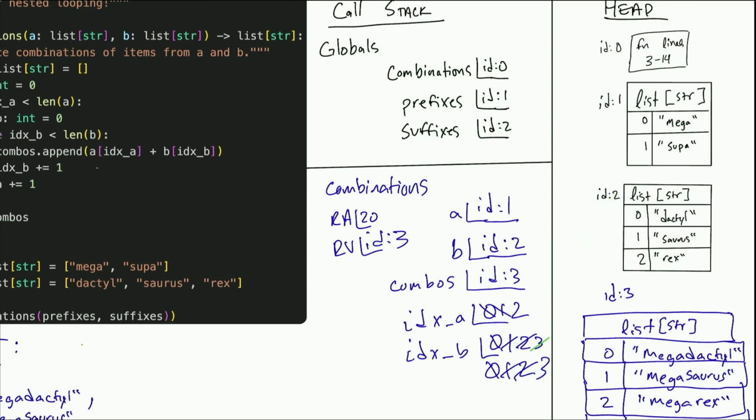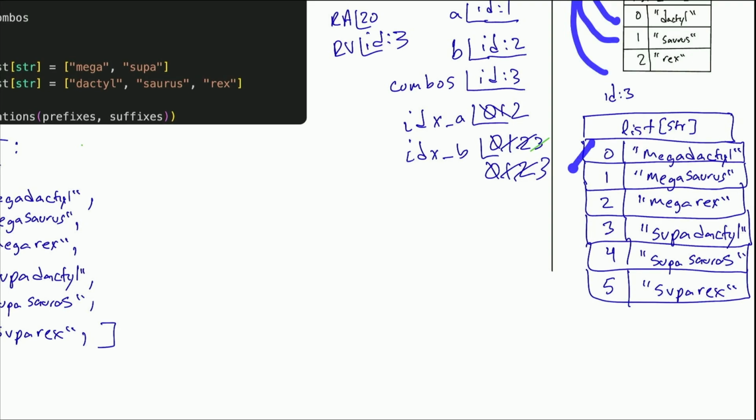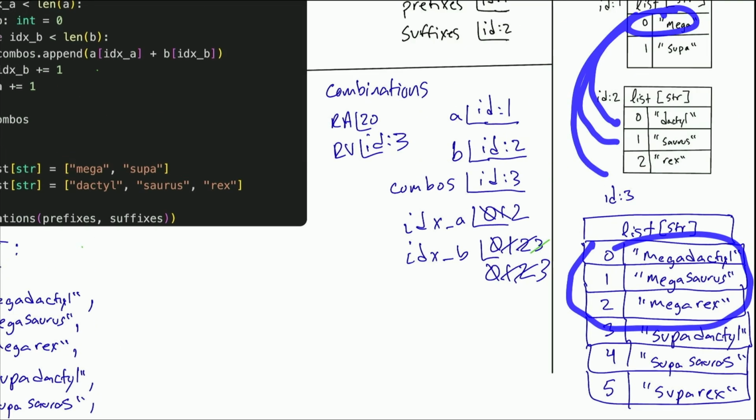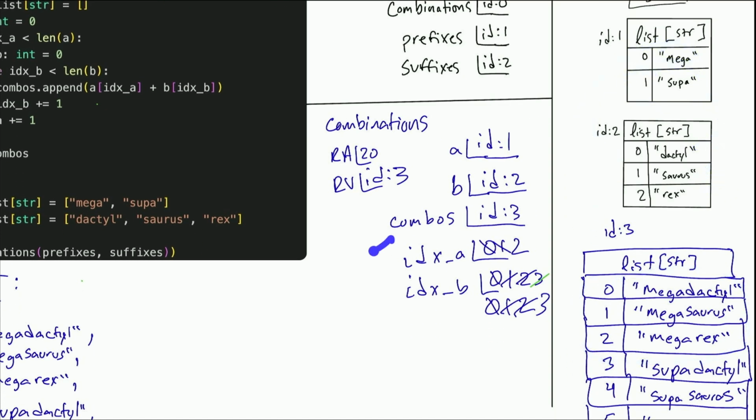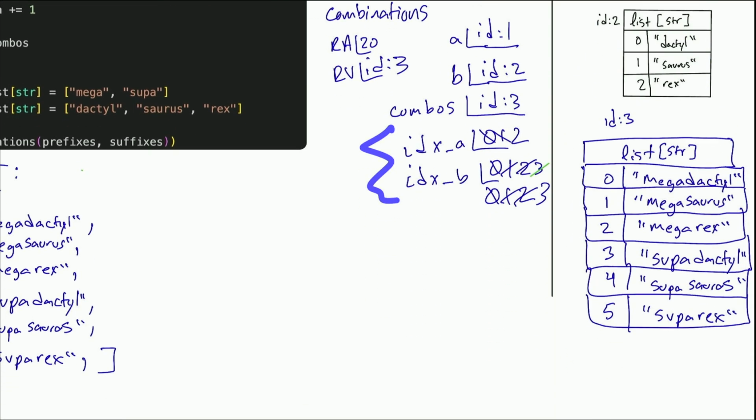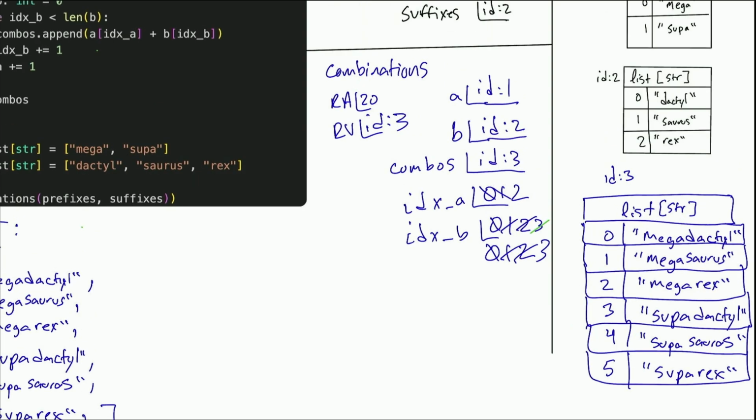And again, the result of this was, for the first item Mega, we went to Dactyl, we went to Saurus, we went to Rex, and we produced these 3 strings as part of our output list. And then for Supa, we went to Dactyl, we went to Saurus, we went to Rex. Again, all of this through these IDs, and that produced these combinations: Supadactyl, Supasaurus, Suparex.